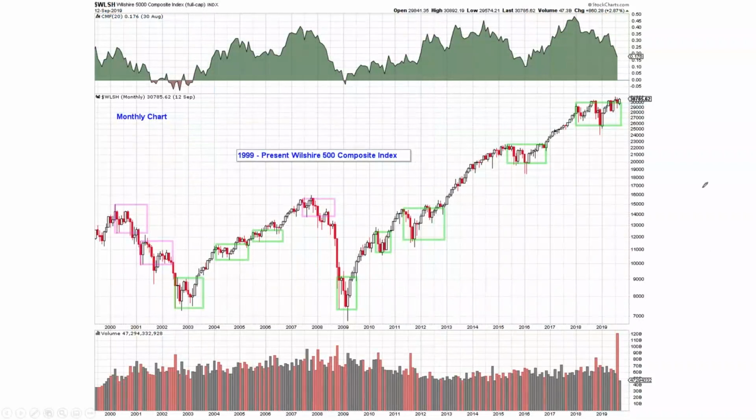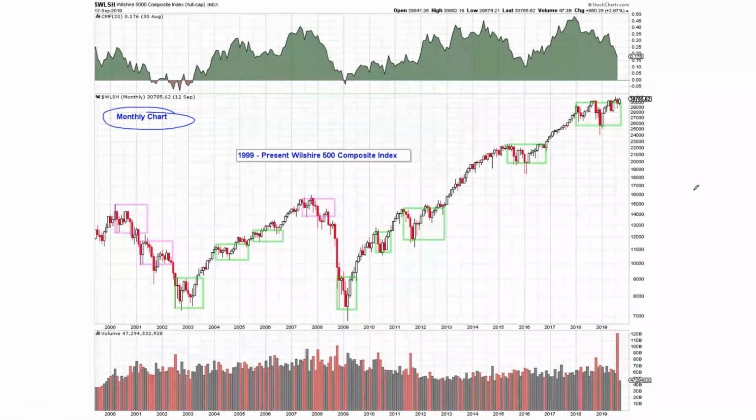which is actually the Wilshire 5000. And when I look at the market, rather than looking at individual indexes, the first thing I like to look at is just what the overall market's doing.